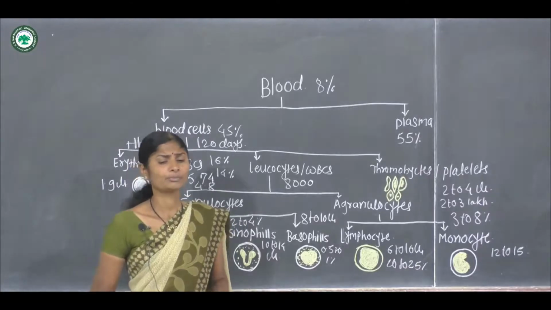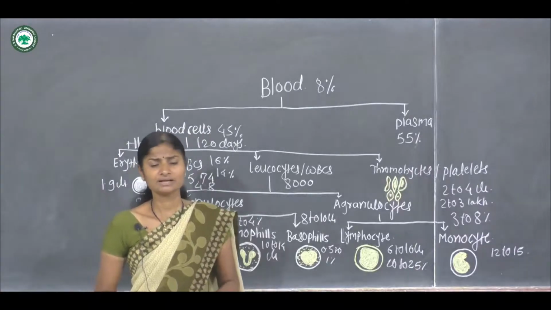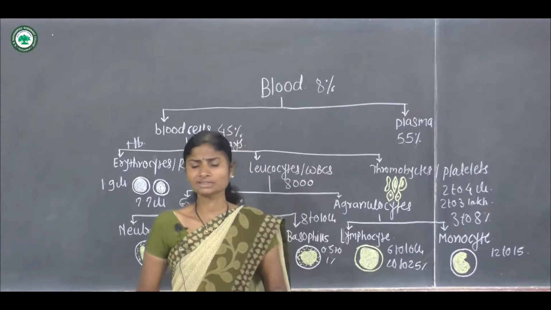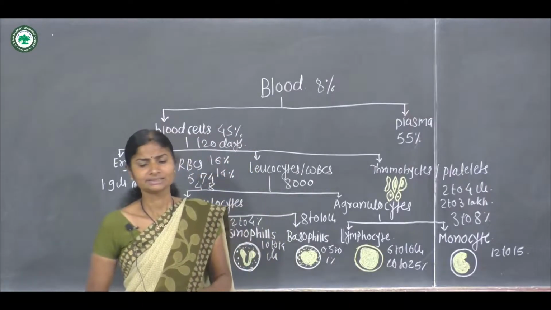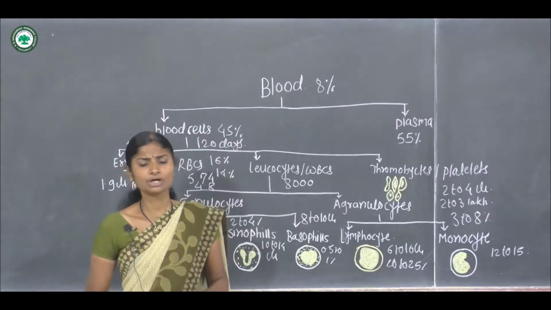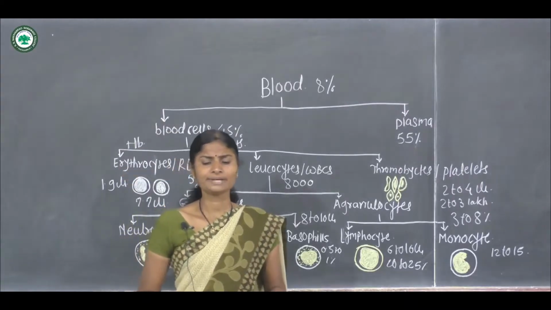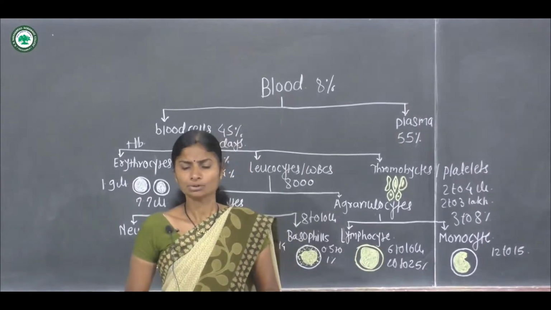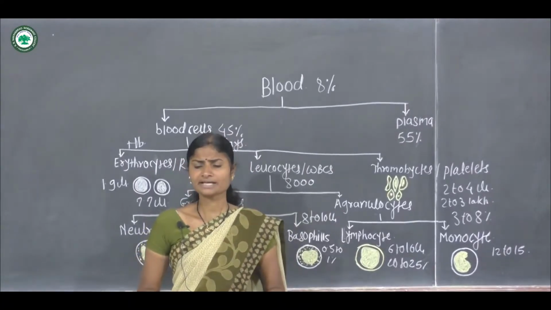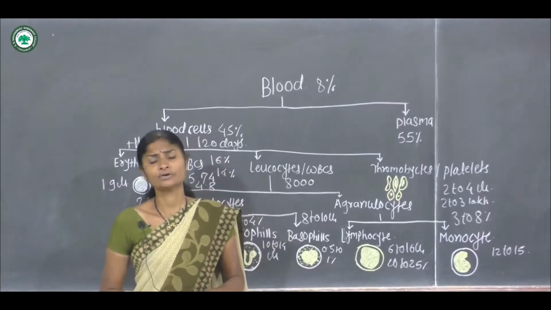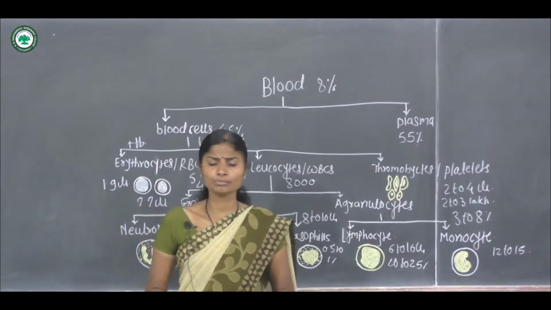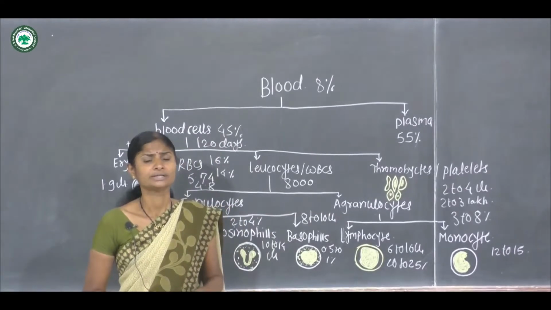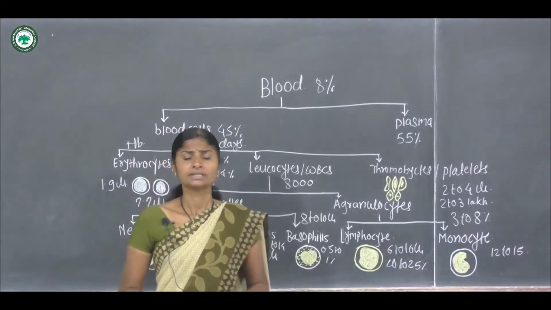The clot-promoting factors are present in the platelets, and thrombocytes are without a nucleus. They liberate the enzyme thromboplastin, which affects the coagulation of blood. It transforms prothrombin into thrombin, and thrombin converts fibrinogen into fibrin.